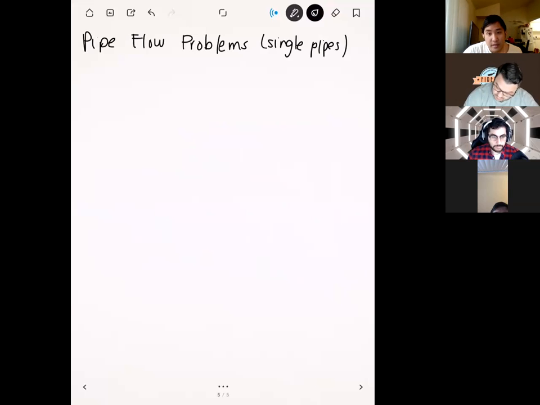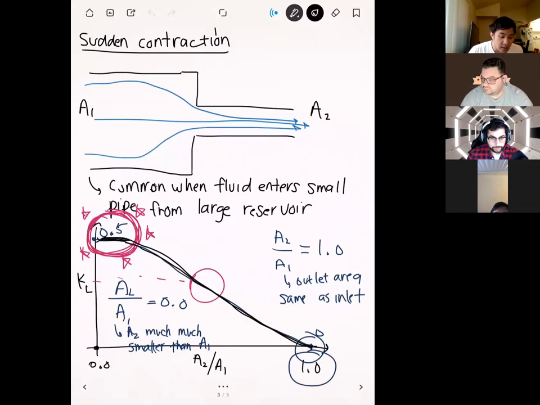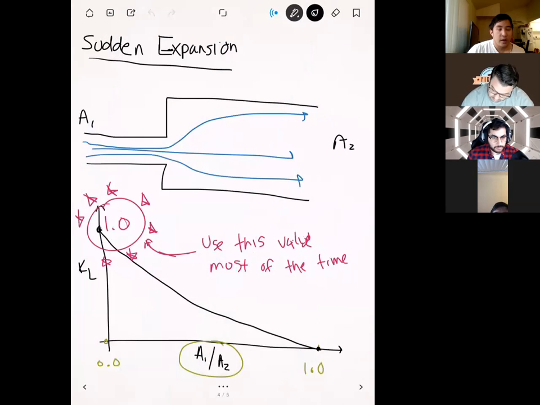Yeah, so the question in the chat is, can I explain the significance between the 1.0 and the 0.5 again? Yeah, definitely. For the sudden contraction, you're basically going from a large area to a smaller area, and the maximum loss coefficient that we got is 0.5. We compare that to a sudden expansion, right? For the sudden expansion, our biggest loss coefficient is 1.0. What that tells us is that an expansion naturally incurs more energy losses than a sudden contraction.